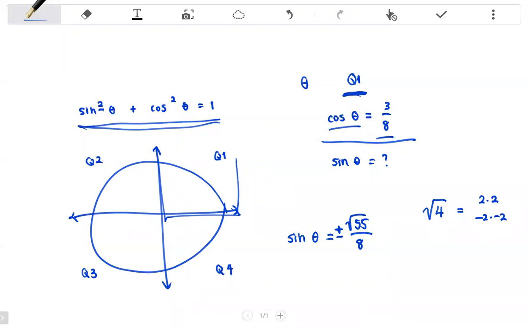It goes counterclockwise, just how you draw angles. So we know that theta is in quadrant 1, so it's somewhere here.